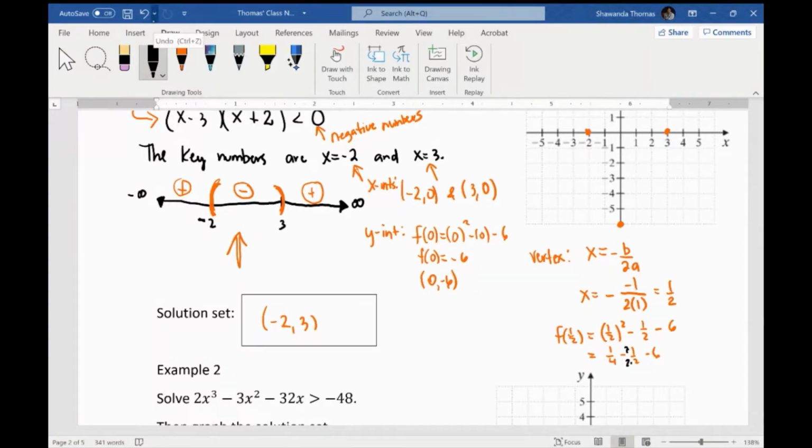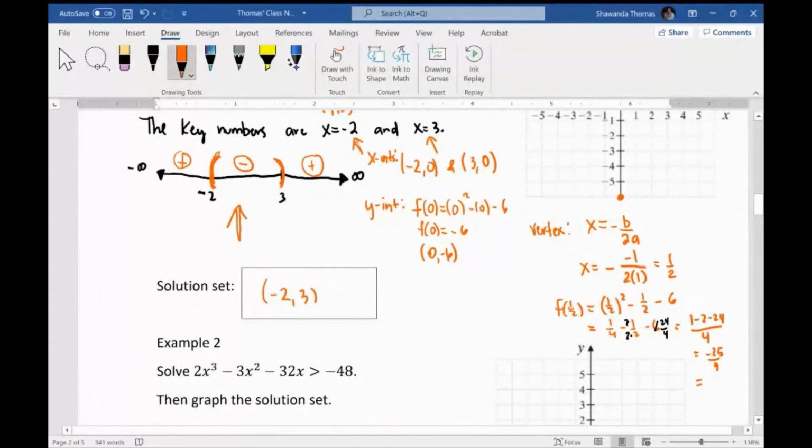And I can change this to a 24 over 4. All right, so that's 1 minus 2 minus 24 over 4, which equals -25 over 4. What is -25 over 4 as a mixed number?